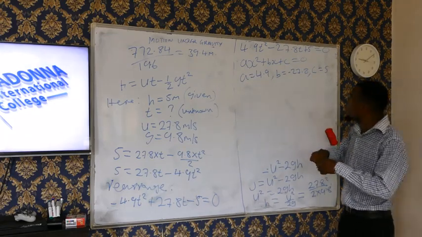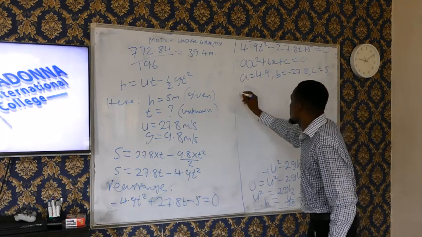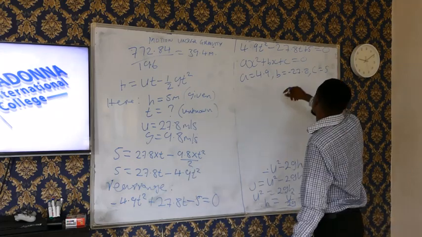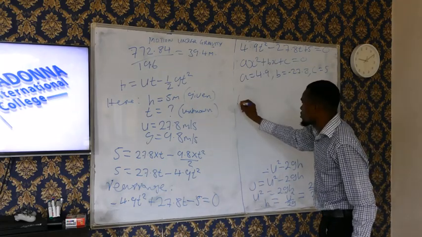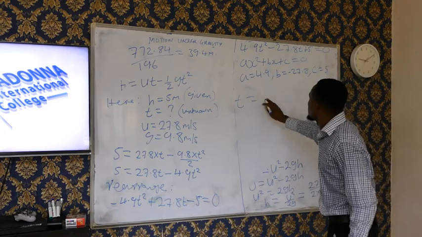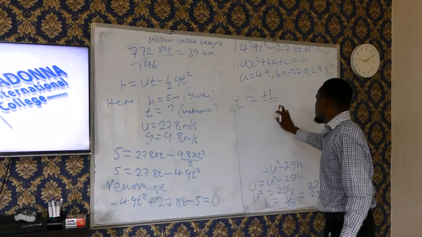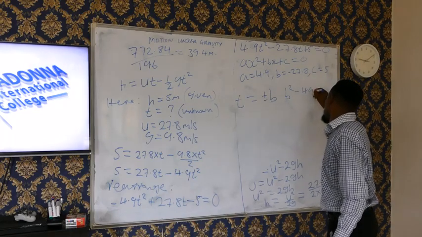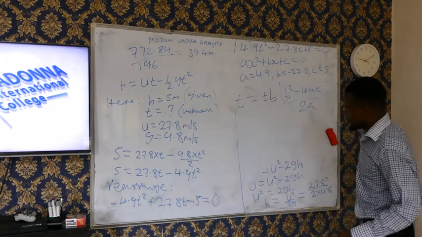You remember the quadratic formula says that x, but in this case it's going to be t because t is unknown. The variable here is t. So we're going to use t is equal to minus b plus or minus the square root of b squared minus 4ac, all over 2a.